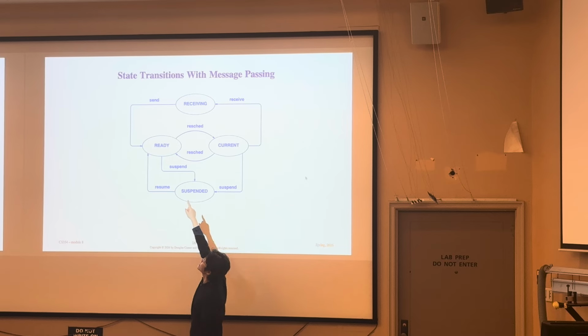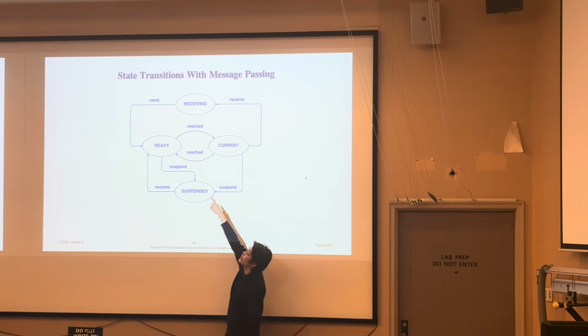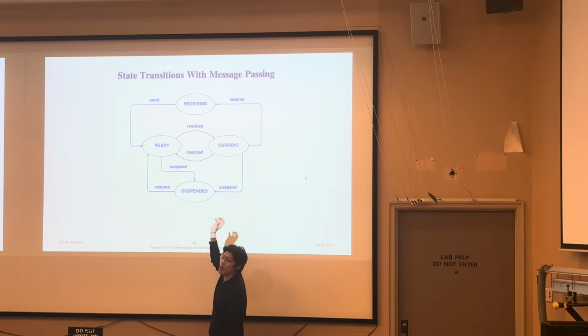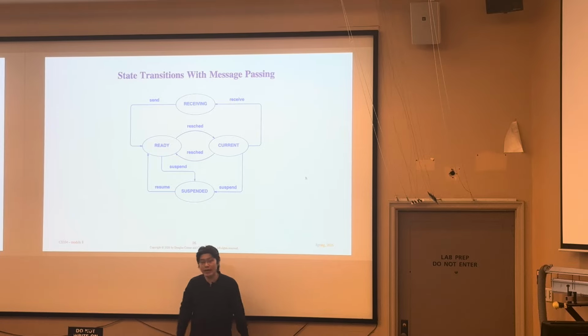Does it make sense? That send is from another process. The current process called receive, and that's what makes it transit into the receiving state. That send is not from this process, because this process is blocked on receiving. It's not sending any message. Another process sends a message, and this unblocks the current process that is blocked on receiving, and it will transit to the ready state.